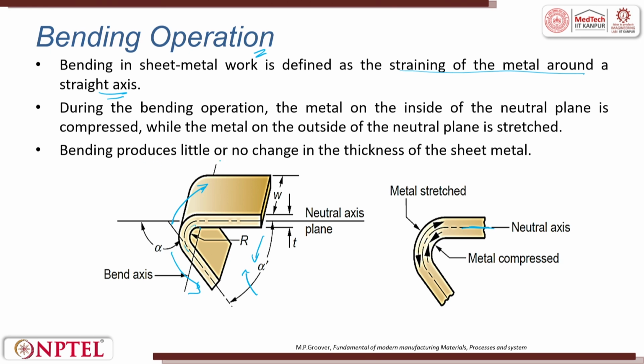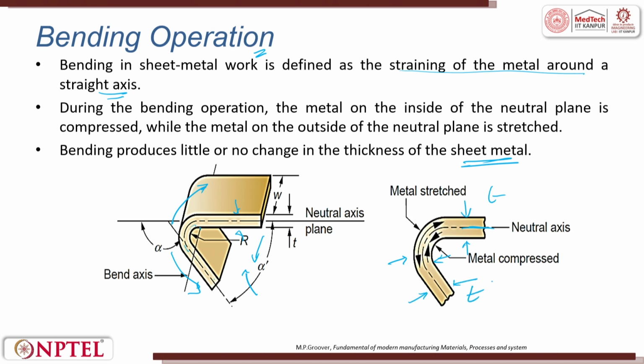The bending produces little or no change in the thickness of the sheet, so the thickness t will be uniform all around.